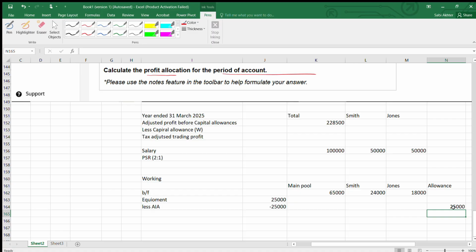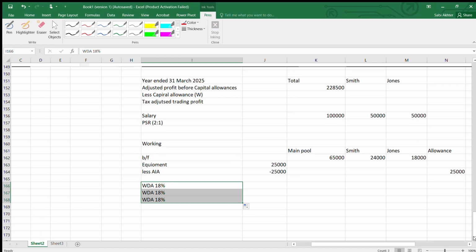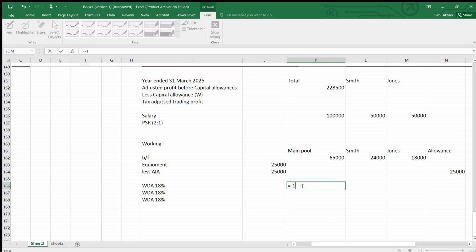Now, next is WDA. So WDA 18%. Again it is at 18%. Again 18%. Nothing at 6% because nothing goes in the special rate pool. Everything is at 18%. So from the main pool, minus 18% into the 65,000, minus 11,700.